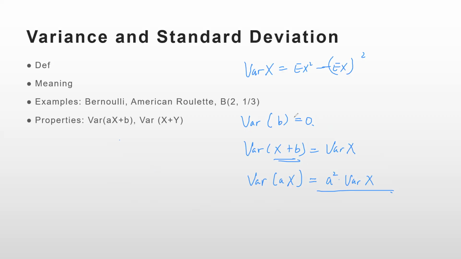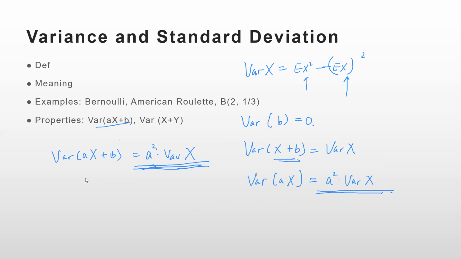You just put aX in here, and it's pretty easy to see. So the variance of aX plus b is simply a squared times the variance of X. Again, this thing would not be negative. This is important: the variance would never be negative.